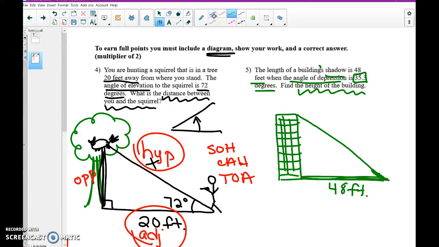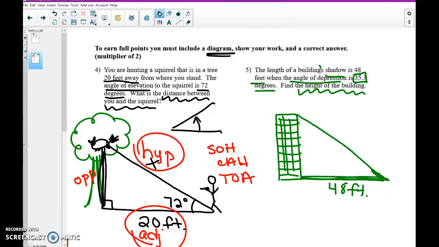Now here's the thing. Angle of depression and angle of elevation have to have a horizontal line. But back here in this other problem, we said that angle of elevation was from a horizontal line going up, which would be this angle right here. This is actually your angle of elevation in this spot. I want angle of depression though.